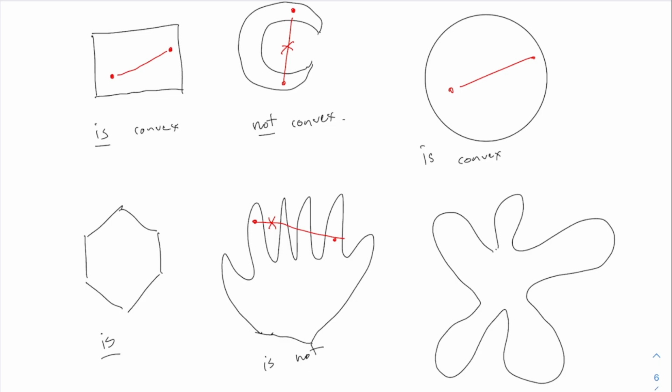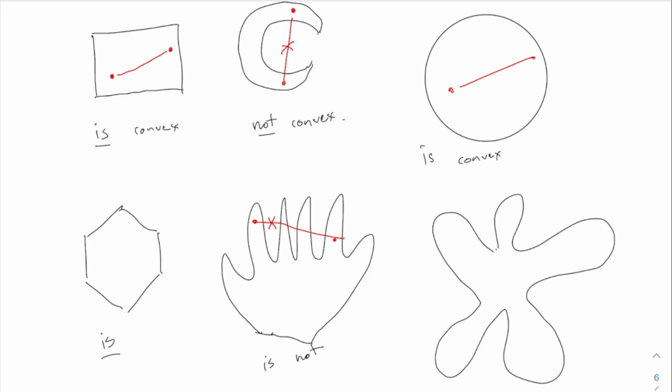One way to think about whether it's convex or not, this is a silly way of thinking about it, but I think it works for me, maybe it will work for you. A convex shape is one which has no innies. What makes this not convex is these inward intrusions into the shape, the innies, if you will.